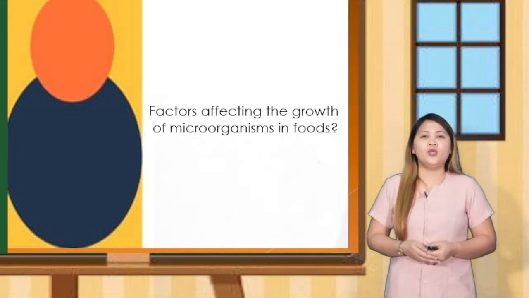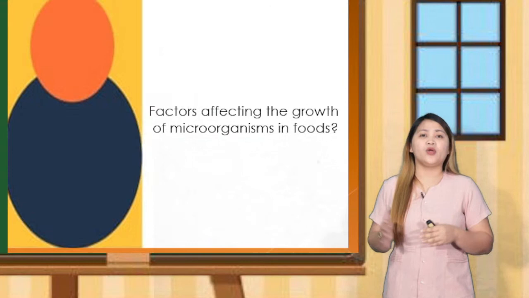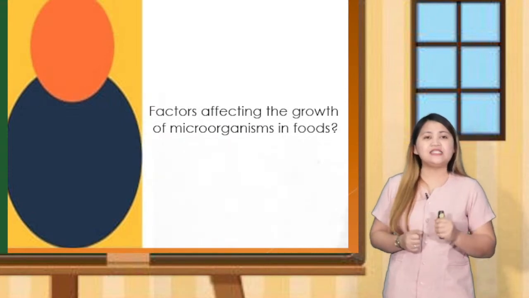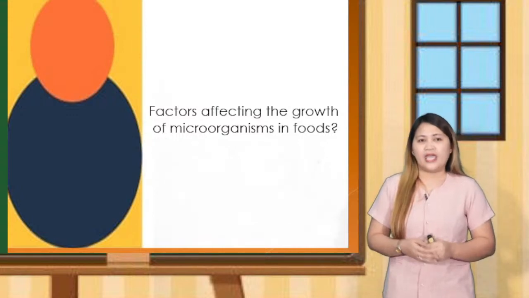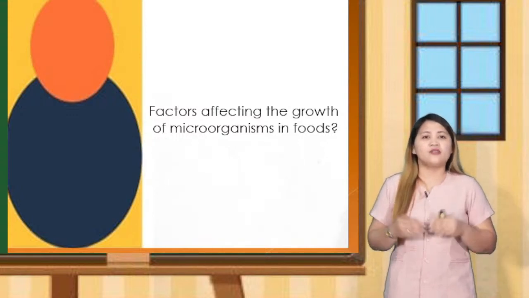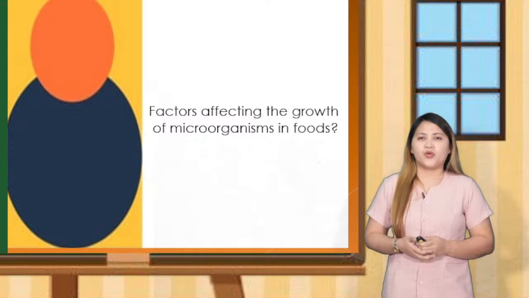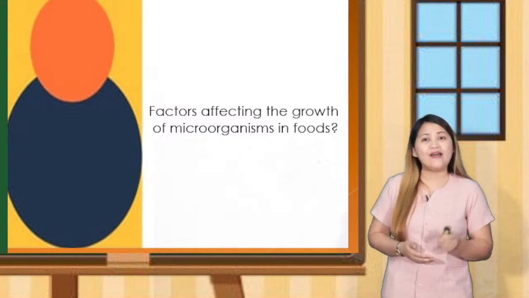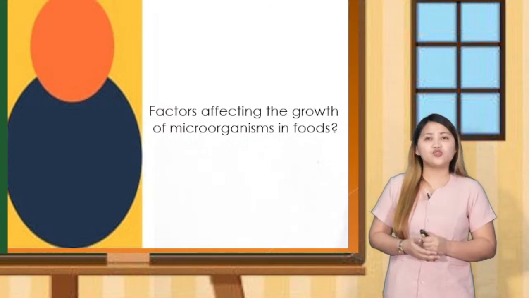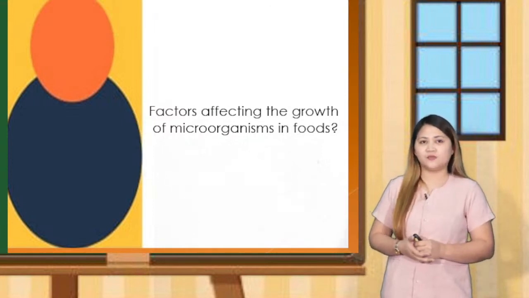So we tackled from our previous lesson that food is the most important of all the essentials. And now we also know that there are some foods that are perishable. So the question now is, do you have any idea on how to avoid food wastage?